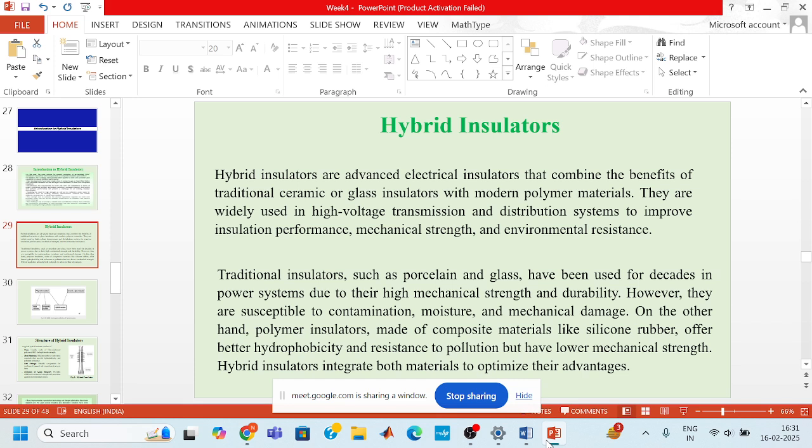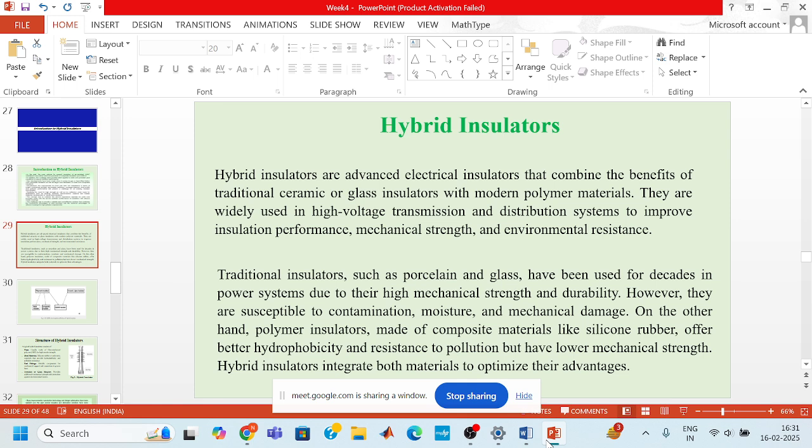The basic need for hybrid insulators is that traditional insulators such as porcelain and glass have been used for decades in power systems due to their high mechanical strength and durability. However, they are susceptible to contamination, moisture, and mechanical damage.